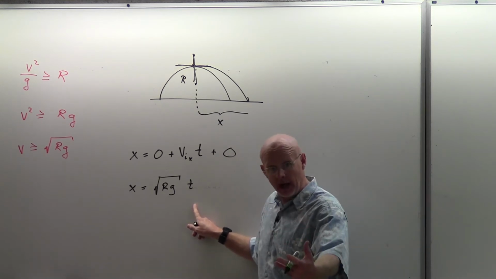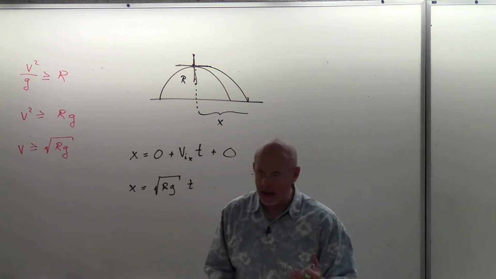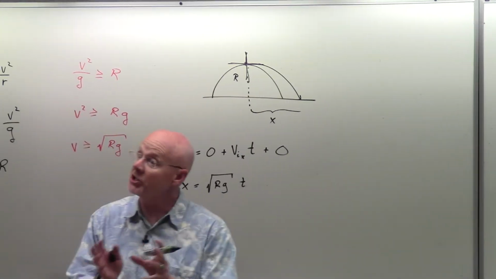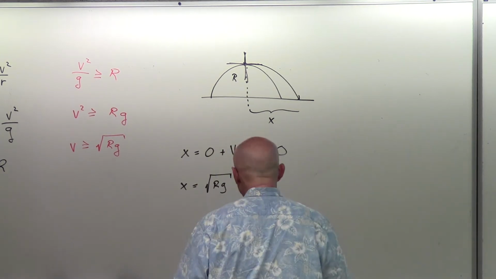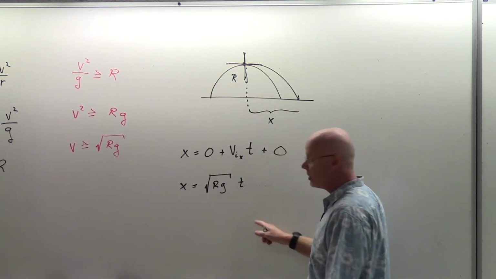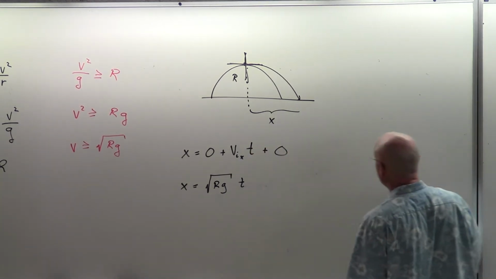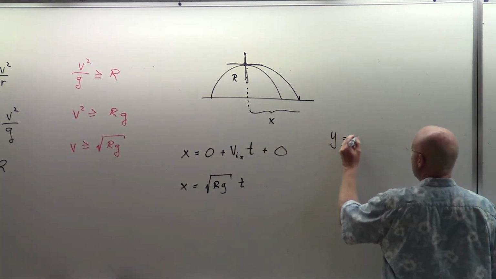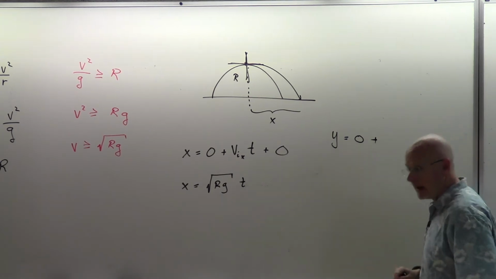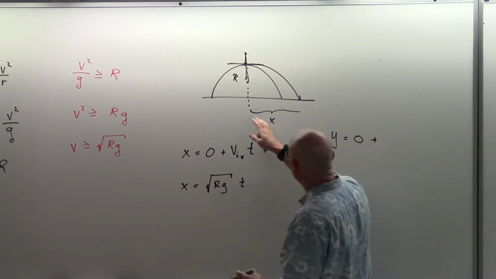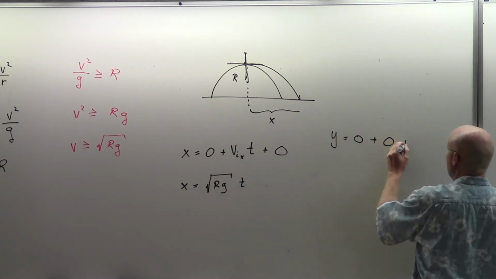But again, let me remind you, the same thing you did in the lab on Monday, and I was telling you in class on Monday, use the vertical motion as your clock. And so if we write out the equation for vertical motion, it will get us the time, and we can finish this equation. So I'm going to come over here and write the equation for the vertical motion. Again, putting the origin as the starting point, I would say 0 plus 0.